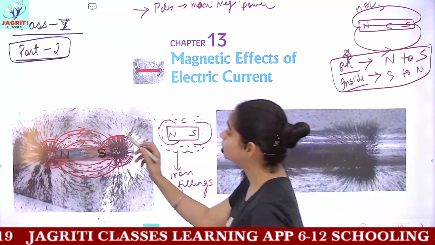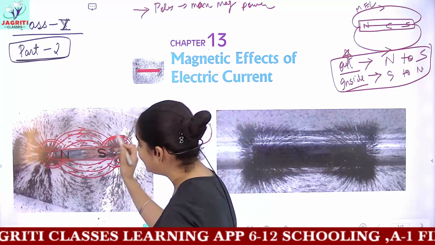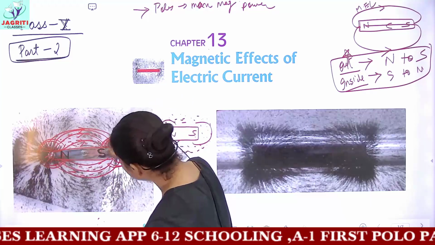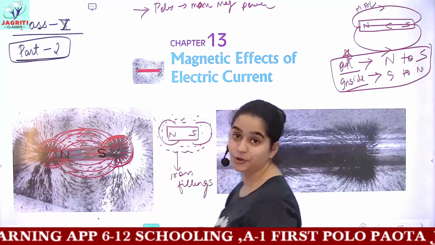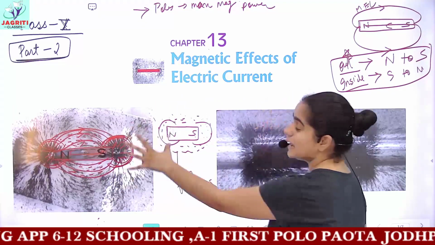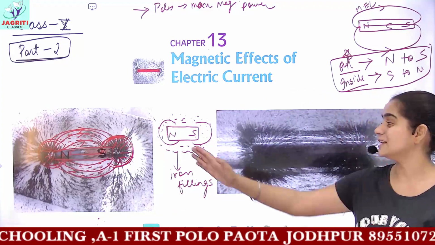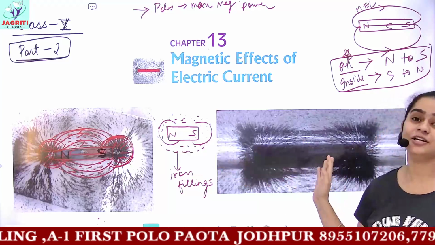And it was confirmed that their direction is from the north pole towards the south pole outside, and inside it is from the south to the north. So all these experiments, I hope the properties which I told you in the previous video class are now clear. So these were the experiments which were performed.